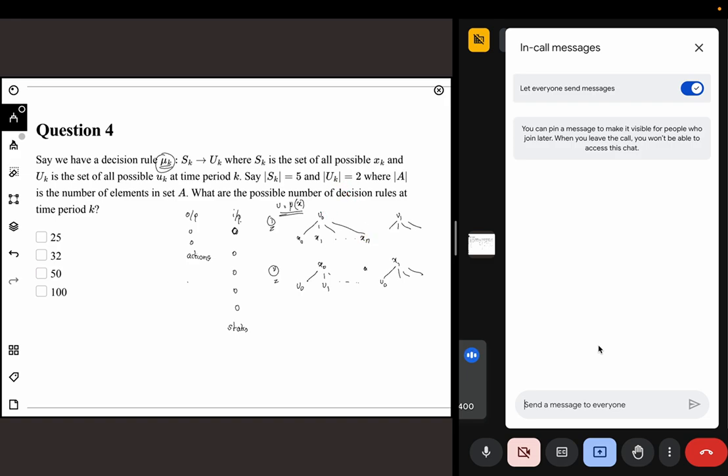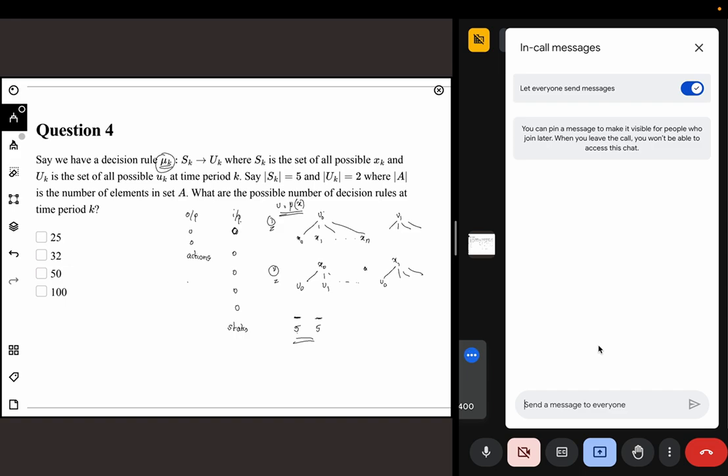For one u, I'll have all these combinations. So u0 has 2 combinations, and the first u has 5 different possible values of x, the second u has 5 different possible values of x. This is one way of saying it.